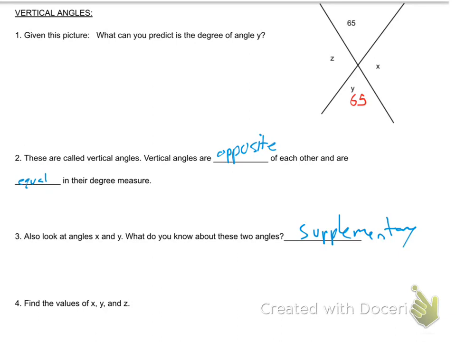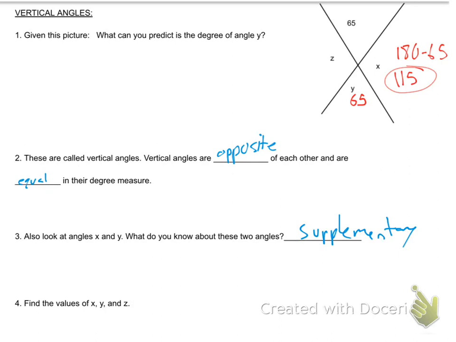What does x have to be if y is 65, there's 65 above? Whatever gets you to 180. Whatever gets me to 180. So to help me do that, I can take 180 minus 65, which is 115. That's x.